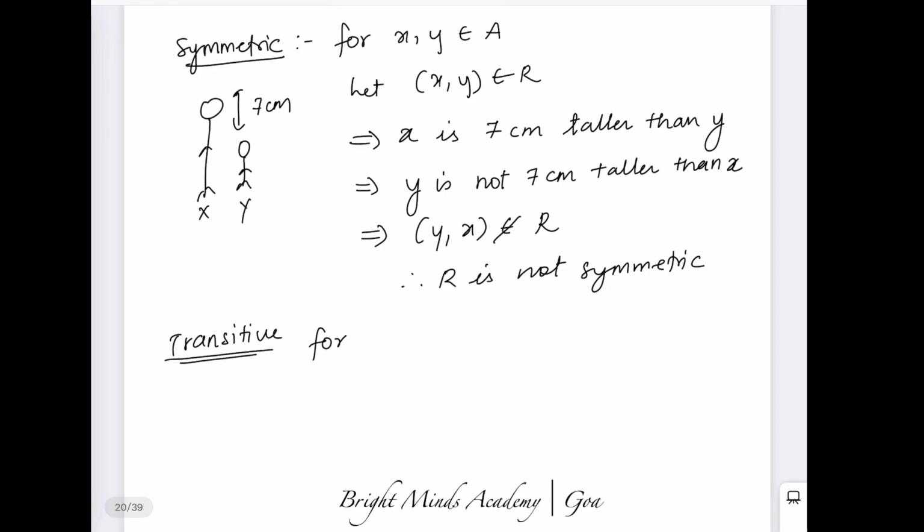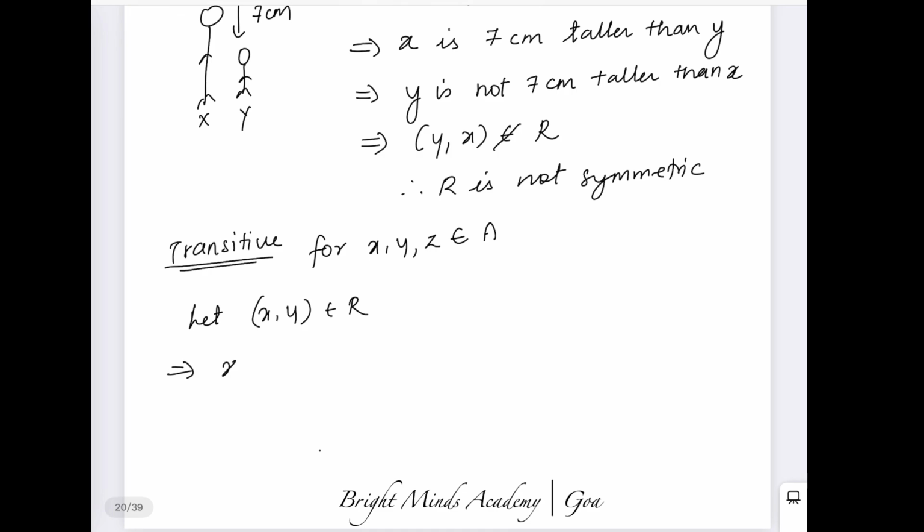Next we have to check for transitive behavior. For x, y, z belonging to the set A, let (x, y) belong to the relation R. This implies that x is 7 centimeters taller than y.